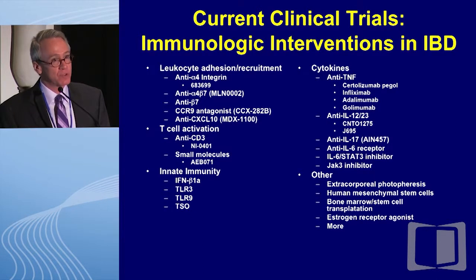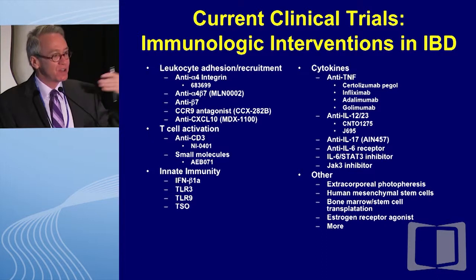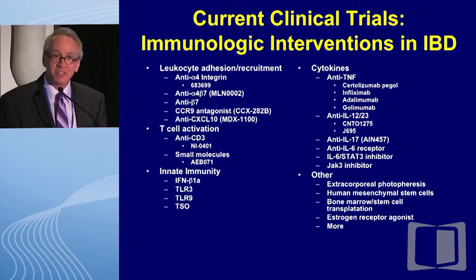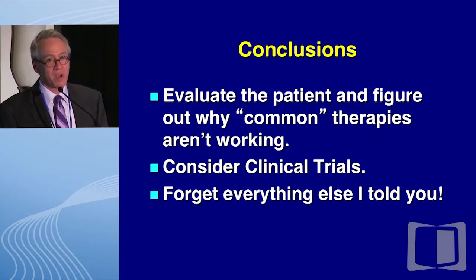I am not going to read this laundry list of clinical trials that are up and going now, but suffice to say, there are many immunologic targets, stem cell-based therapies, and fecal microbiota transplantation approaches that may be very exciting in the future, and we need to learn about this in the context of controlled clinical trials.